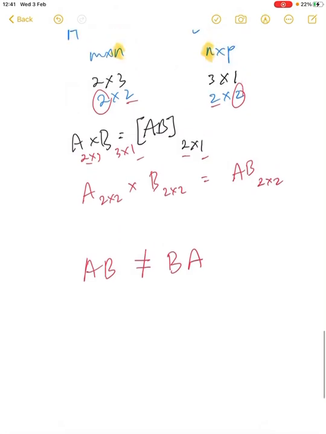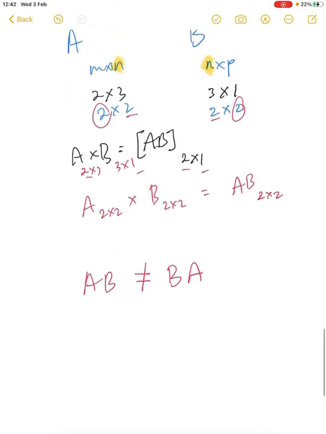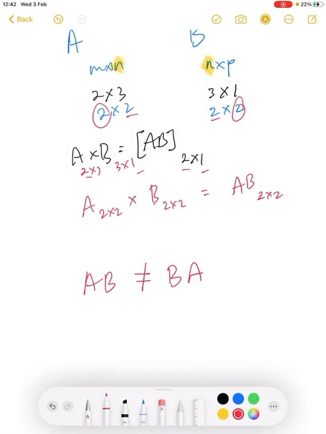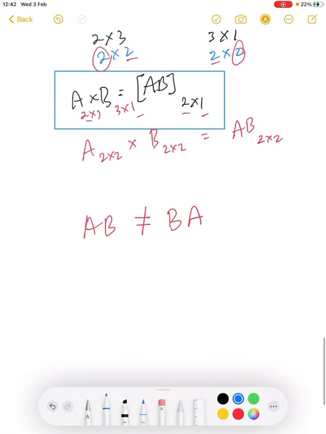Okay, because let's look here. Here we have a matrix A of order 2 by 3 and B of order 3 by 1. So what if I'm going to multiply BA?